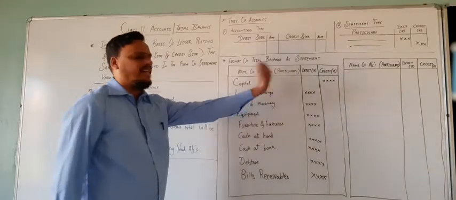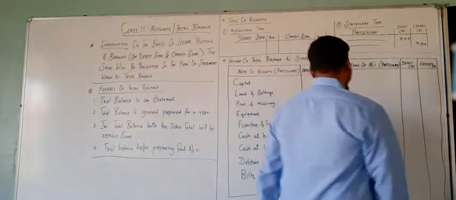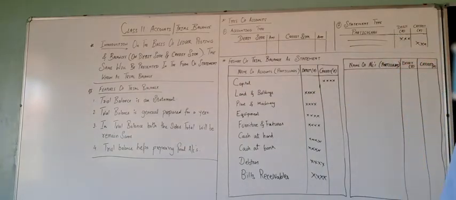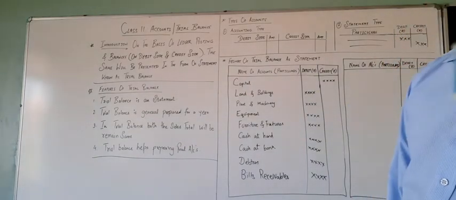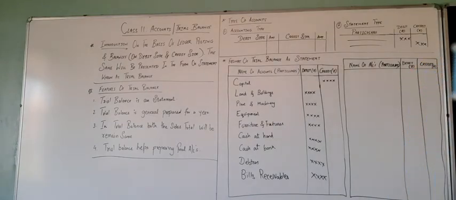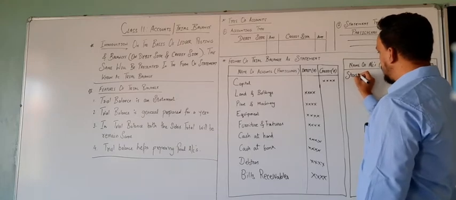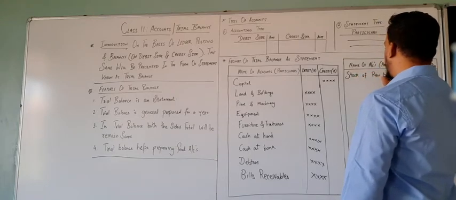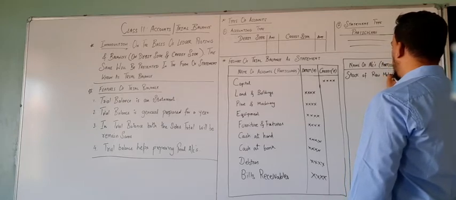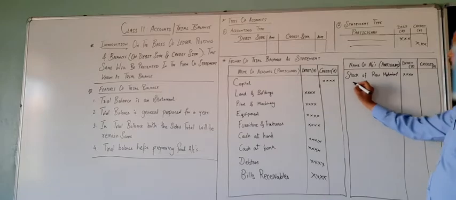I am going to the next side so that you can see it clearly. Then bills receivable is done for you. Now stock of raw material. I am writing here stock of raw material, amount will be on the debit side.